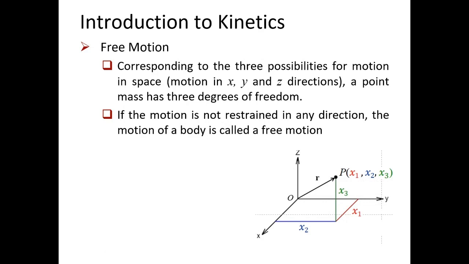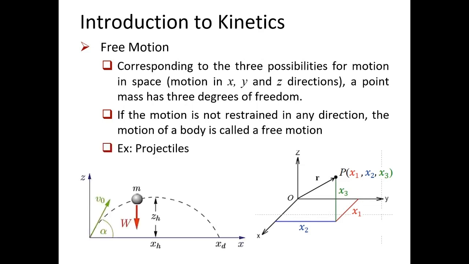So free motion of a rigid body will have 6 degrees of freedom. You need 6 variables to completely define the motion of a rigid body. But for a particle, there are no rotations, so we don't have to consider rotational variables. Three dimensions will be adequate. A simple example is projectile motion.